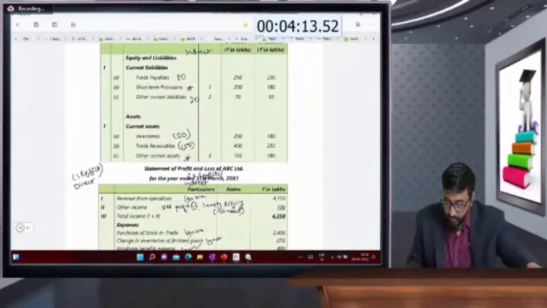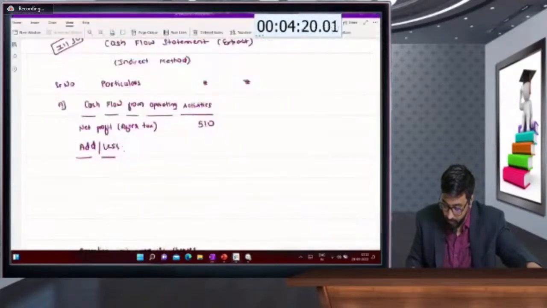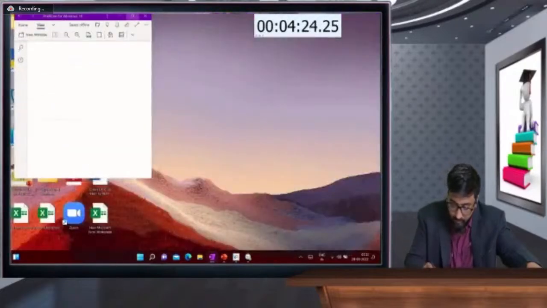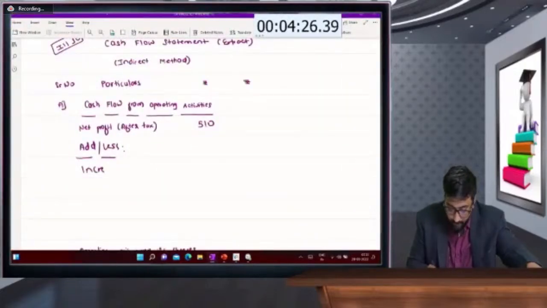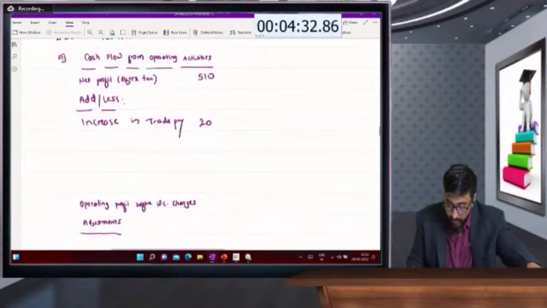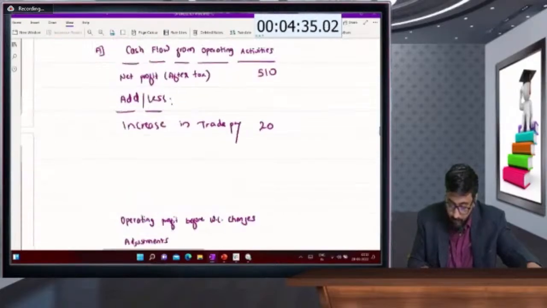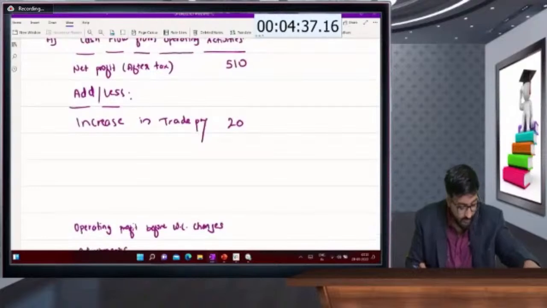Line by line we will go. Trade payable is a 20 inflow. So increase in trade payable 20.